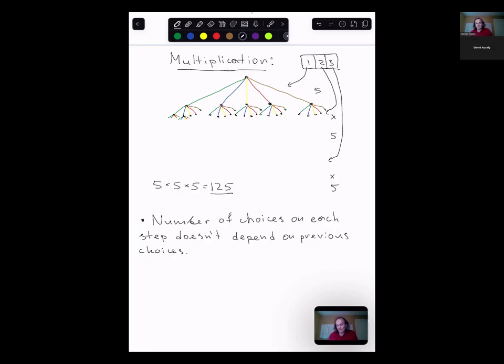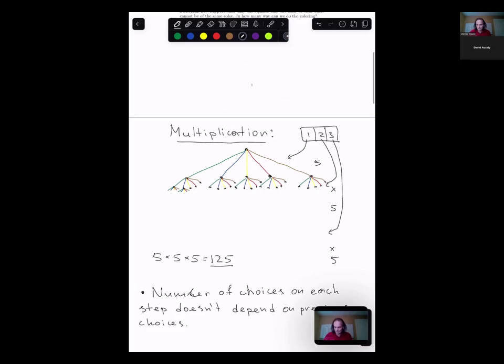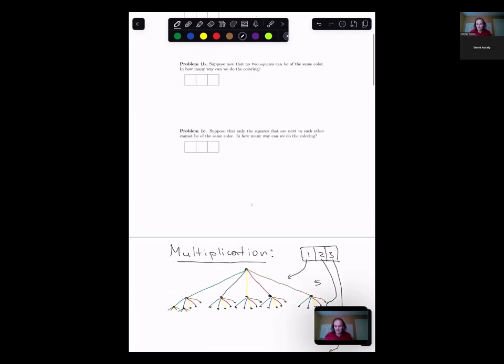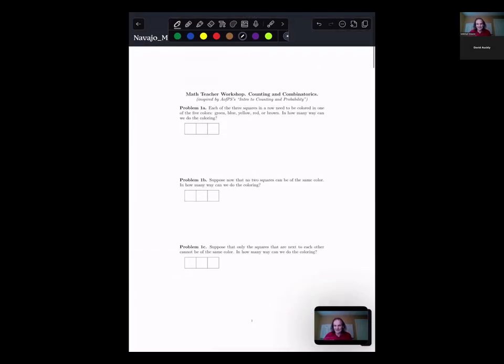And because of that, we just need to multiply them, right? So we multiply the number of choices on the first step times the second step and so on. So that's how our multiplication principle works. All right. So any questions on this one?